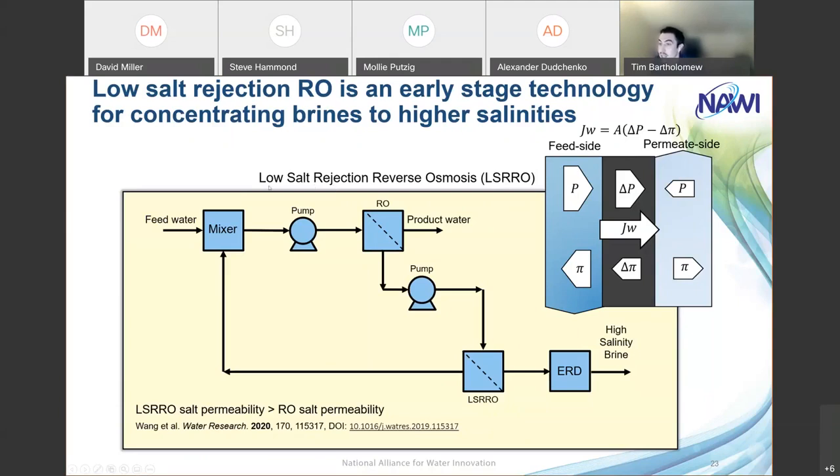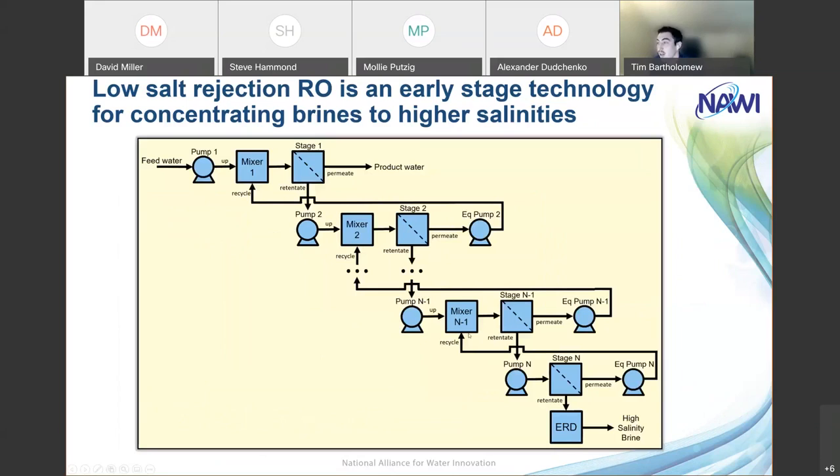It has low salt rejection, so it's allowing a significant portion of the salt to pass through so that there's osmotic pressure on this side. With that, you can still drive water flux even at a higher salinity, and then eventually concentrate brine more for its disposal. This process doesn't go up to very high salinities with a single stage, but you can get to near saturation for a sodium chloride solution by doing multiple stages in series.